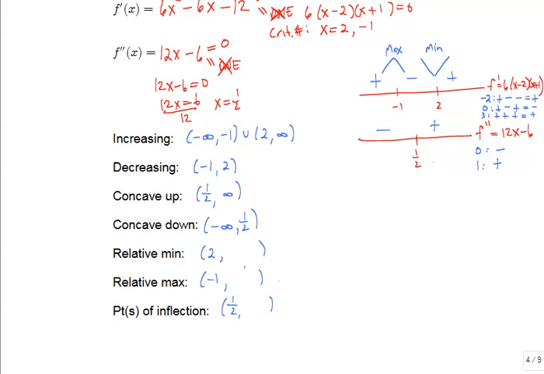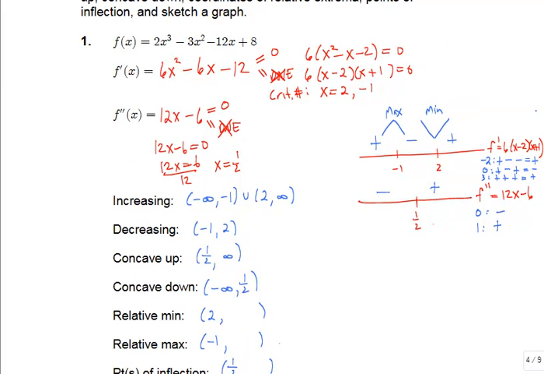Now in order to find these y coordinates, we want to always go back to our original function right here. This is always where you find your y's. Now I'm not going to do all of them for you, but I'll show you, for example, -1. That one's easy enough to do by hand. So to figure out the y coordinate when x is -1, you would just plug in -1 for each of these x's.